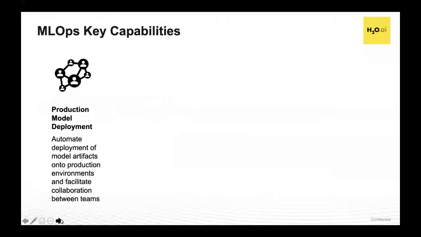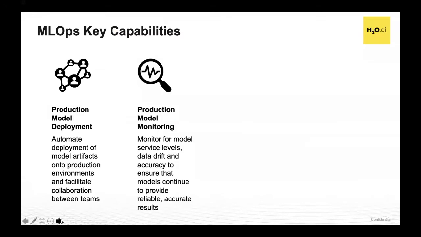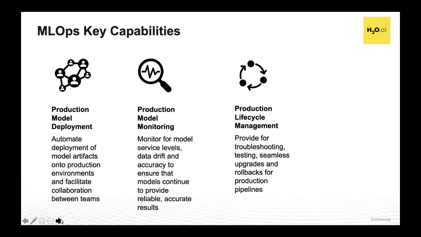So MLOps is really broken down into 4 key areas. There's production model deployment, which is getting that model up and running initially. There's production model monitoring. So what are those tools that you can use to understand if your model is working as expected in production?